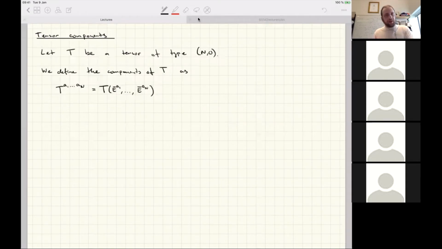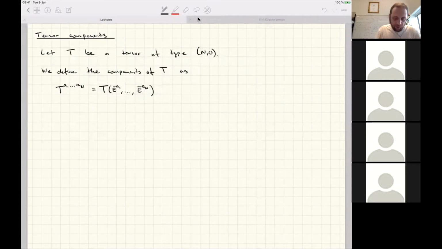Note here that what I put into this tensor are the dual vector bases, because this T was a tensor of type (n,0), so it should take n dual vectors as arguments.